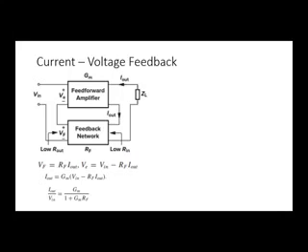In this feedback circuit, it is desirable or simpler to sense the output current to perform feedback. The current is actually sensed by placing a resistor in series with the output and using the voltage drop across the resistor as the feedback information.